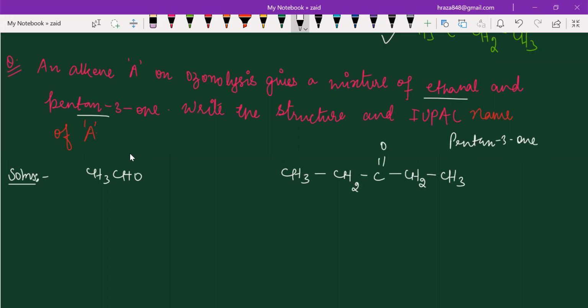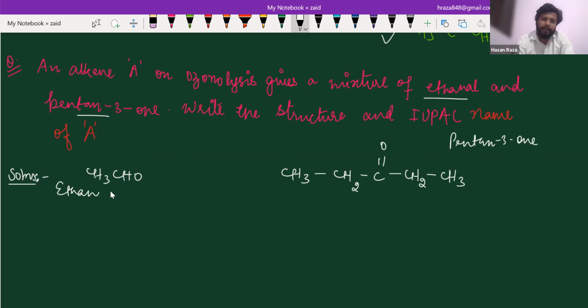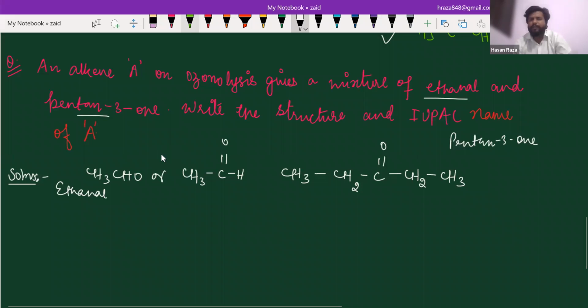And this is the structure of ethanal, and I'm going to write it like this: CH3CH double bond O. Now what you need to do is very simple, it's just like a trick.